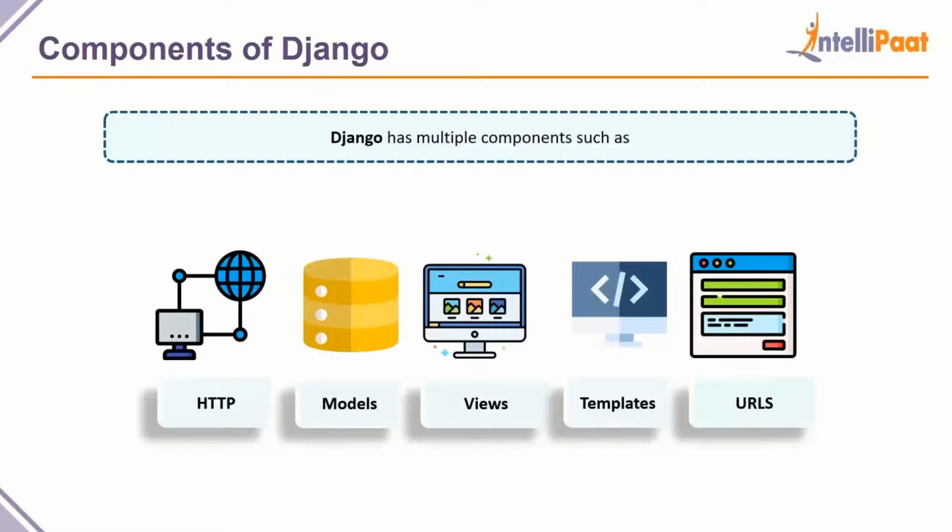A quick note before we begin discussing these things one by one: you must have come across a topic called MVC. MVC stands for Model View Controller. What MVC does is that it allows us to structure our application in a way that we can keep our models, views, and controllers separate.